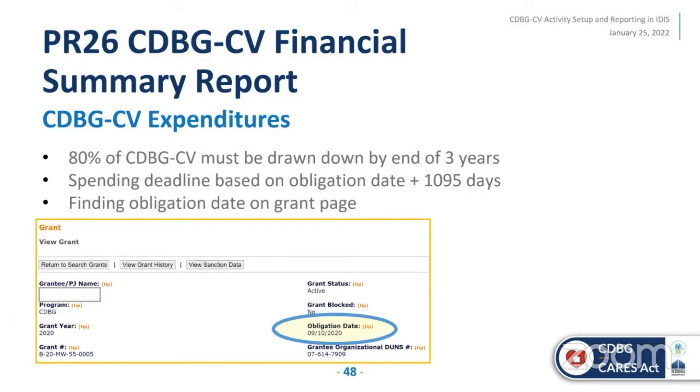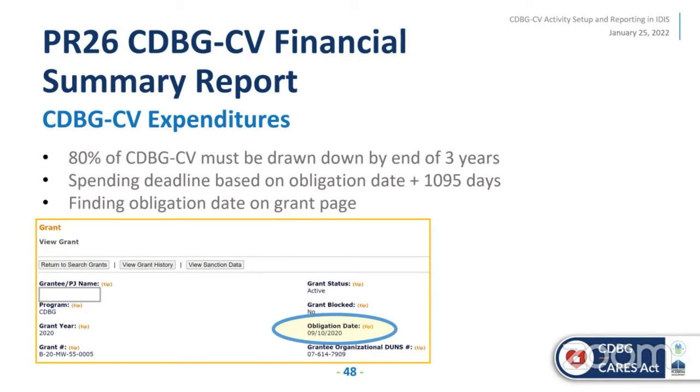Now, one thing we want to remind you about is the CDBG-CV expenditure rule. 80% of your CDBG-CV funds must be drawn by the end of the 3 years. Now, how do you calculate that? You can look on the grant page, and if you view your CDBG-CV grant, you will see the obligation date.